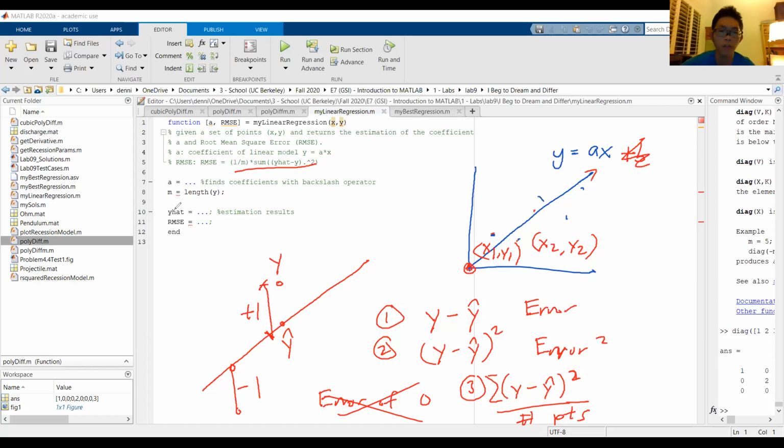So if we have y minus y hat, this is a vector of some sort. There is a way to add up all of the elements of that vector, it's sum. You can do a for loop. You're allowed to do that. But I don't think it is necessary.